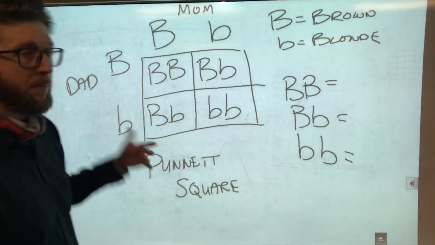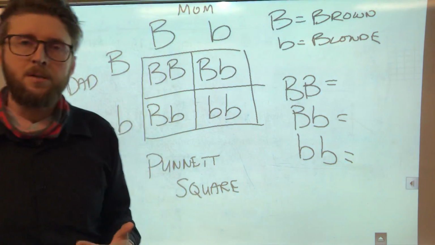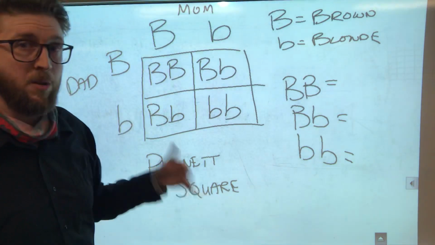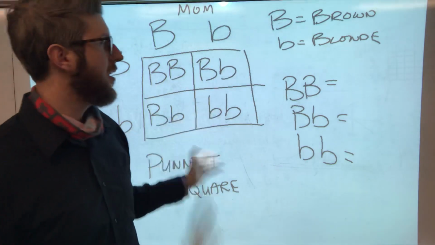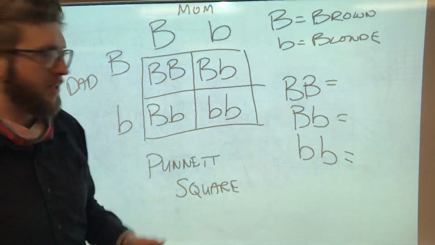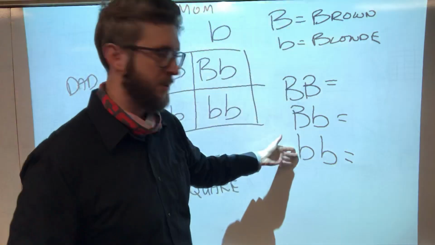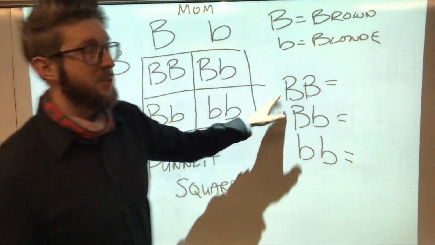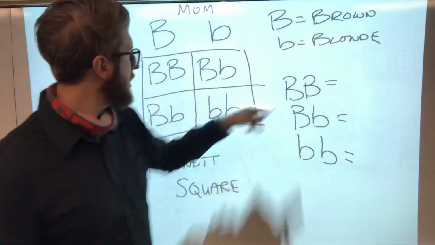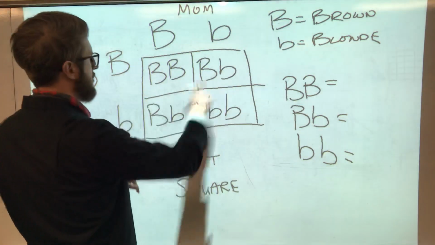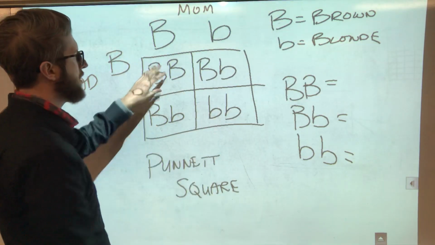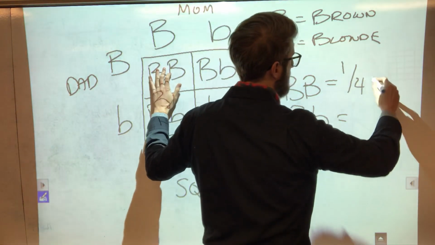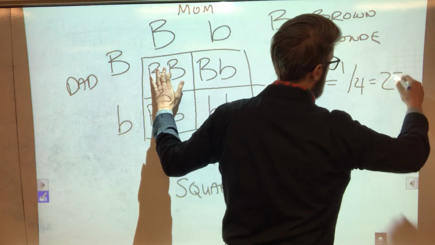And the way that you do the math, you're going to need to be able to do the math to find out exactly what the chances are that the kids will be each of these three, okay? So what's the percent chance that the child will be big B, big B? Well, let's see, there's 4 squares. Only one of them is big B, big B. So that's a 1 in 4 chance, or 25%.